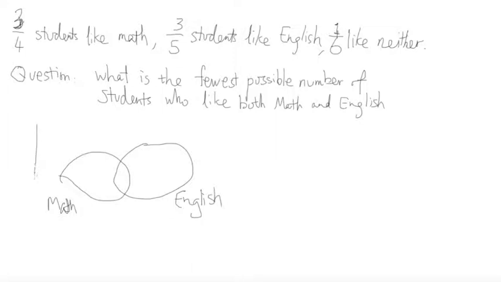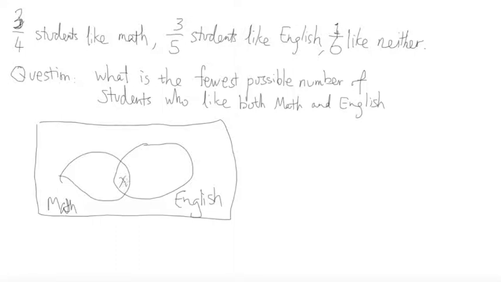So let's do a rectangle here, and outside both circles, they don't like any. Now we always want to fill from the inside out, but we don't know how many students like both math and English, and we don't even know their proportion. So let's put the proportion here and call it x. If we don't know something, we call it x.